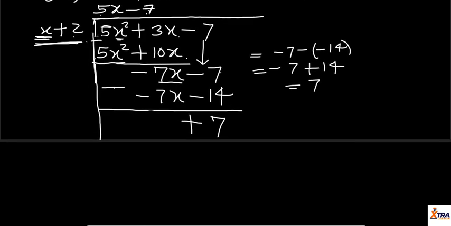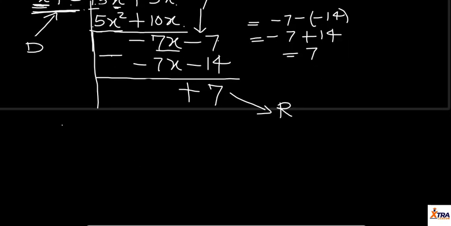I say, therefore, the one up here is known as my quotient. This is my divisor, and this is my remainder.